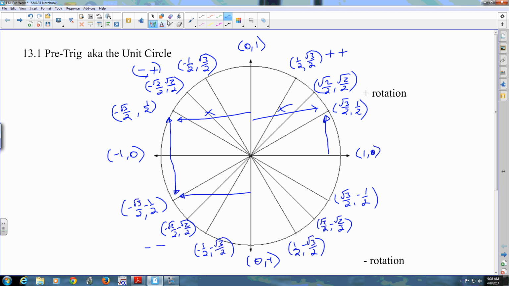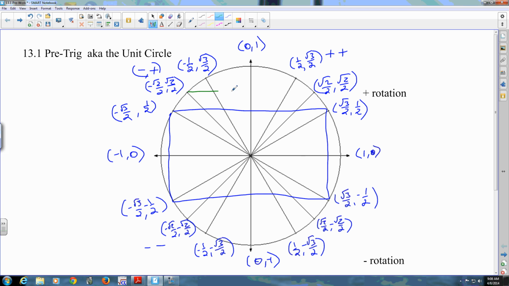Right? Now, to draw on here just a little bit to help you try and remember these. Everything on this rectangle is going to have exactly the same numbers. I'm trying to minimize the amount of memorization you guys are going to have to do. Everything on this square is going to have the same numbers.